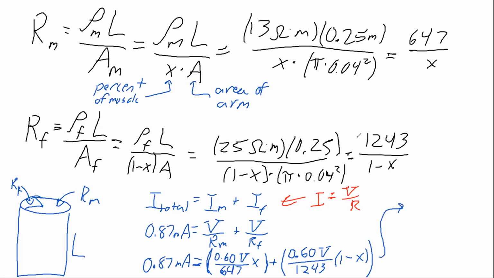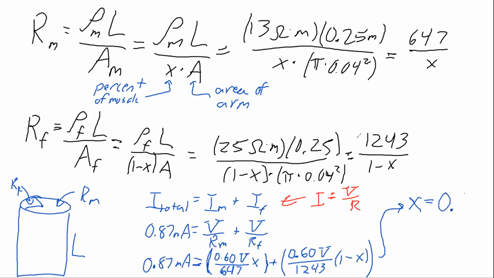Solve for X. Remember what X is: X is the percent of muscle. Let's see, I think I did do the calculations. Huh, I got 0.87, which is kind of weird because that's the same as the current.